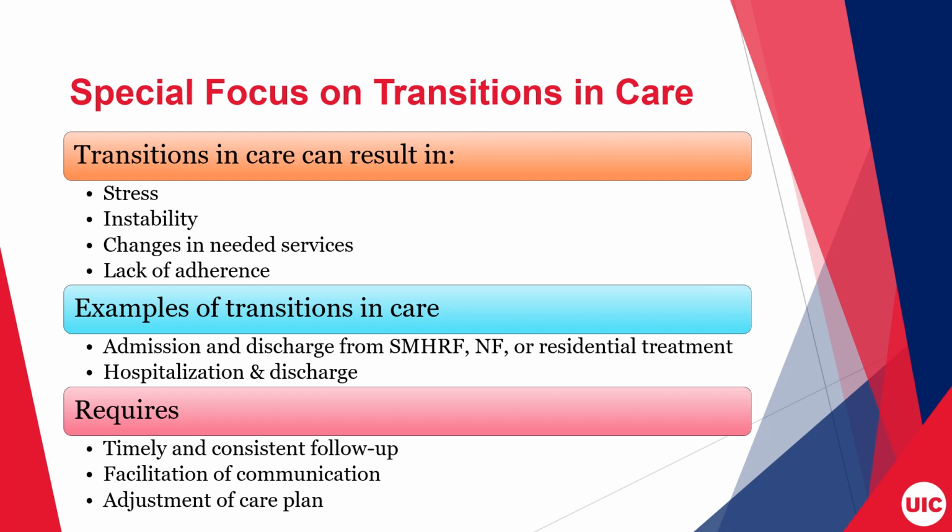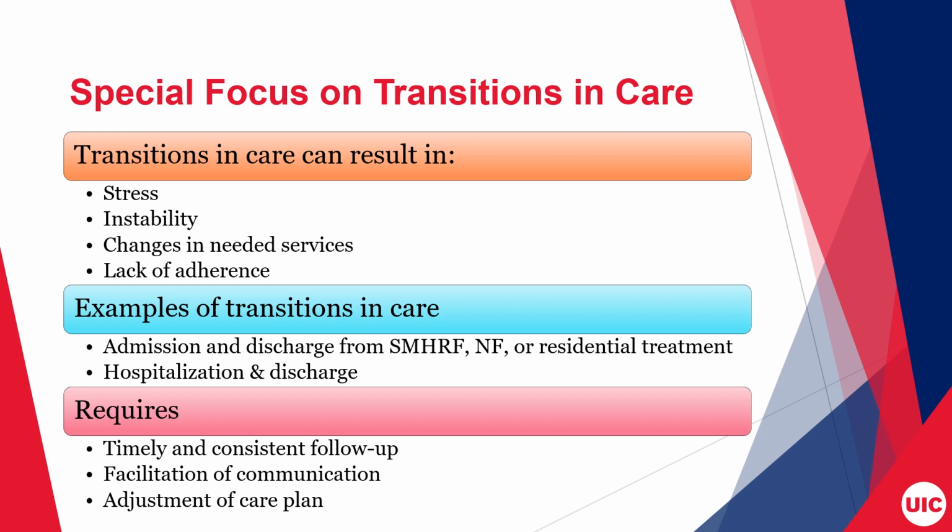Care management is especially crucial during transitions in care. The most obvious transition in the comprehensive program is the member's transition from the nursing facility or SMRF care to their community housing. However, transitions in care also include returning to a facility or treatment program, as well as hospitalizations and discharges or changes in caregivers.